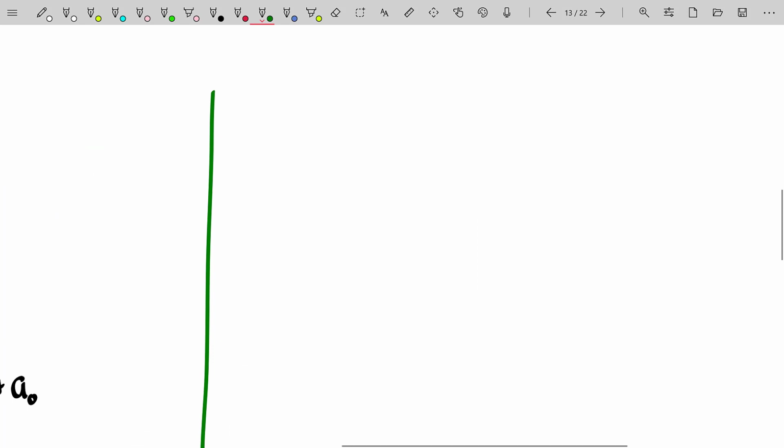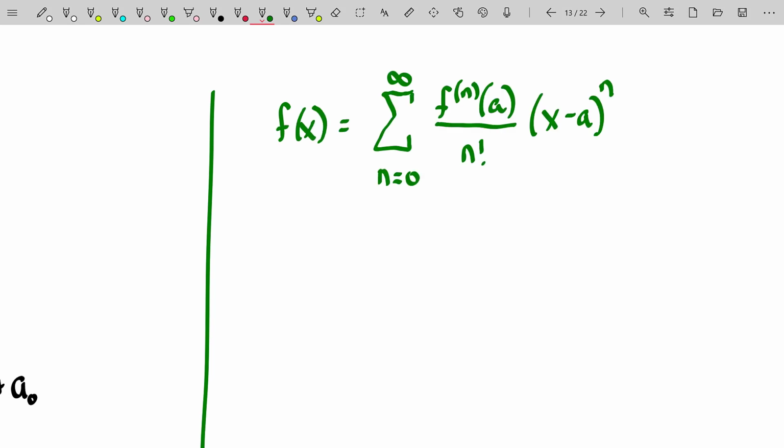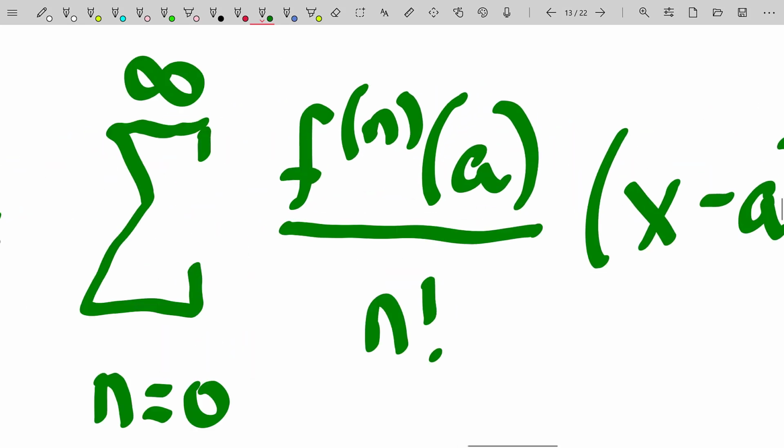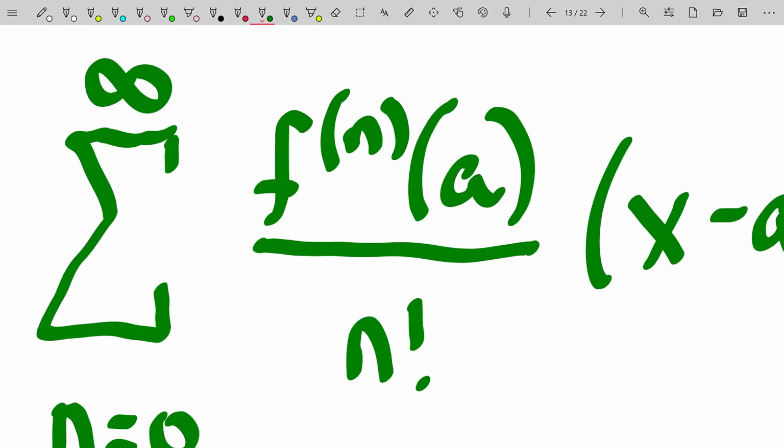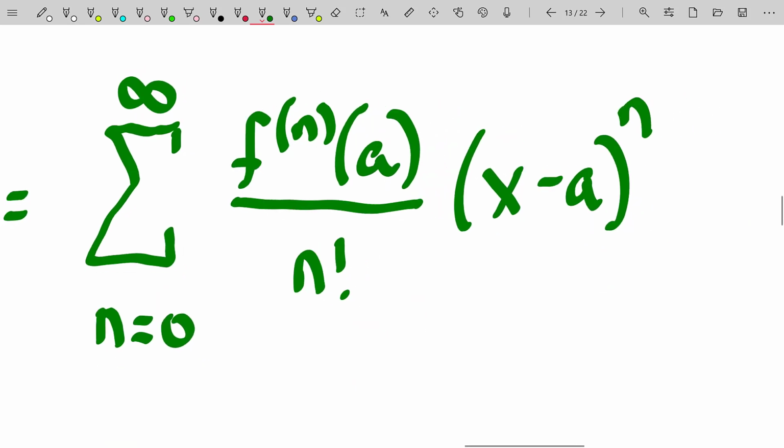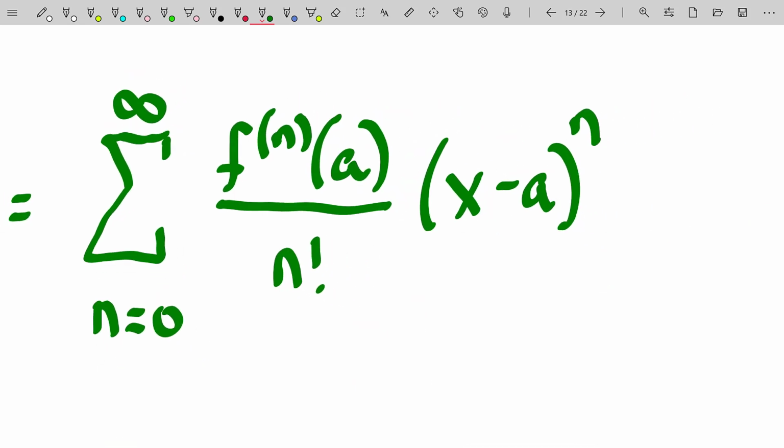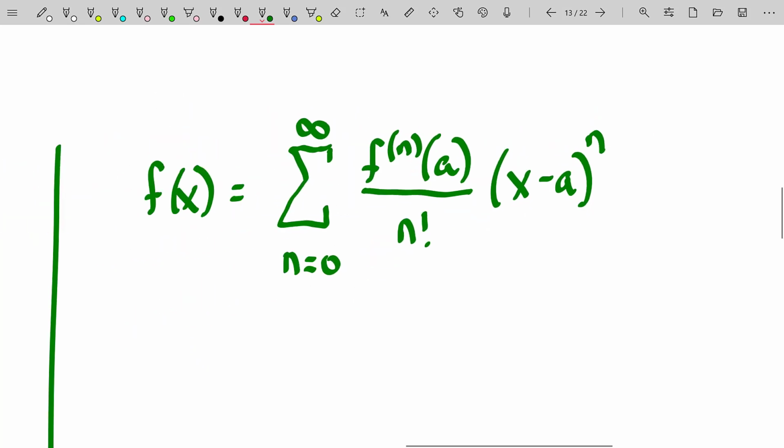Recall that we had something called a Taylor polynomial expansion. Once I said that, by the way, half of you probably groaned, but we had a Taylor polynomial expansion way back in Calc 2. And the Taylor polynomial expansion said the following: if a function has a Taylor polynomial expansion, then the function can be written as the infinitely long polynomial where each term is the nth derivative of f evaluated at a, where we are centering our expansion, divided by n factorial times x minus your center a to the nth power.